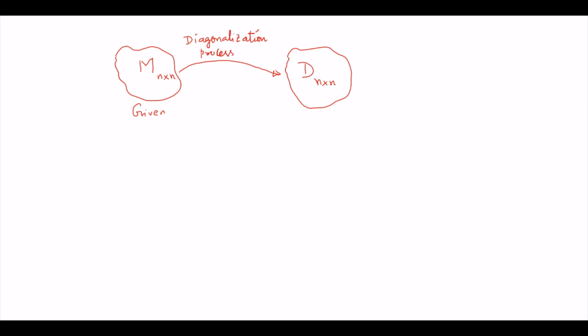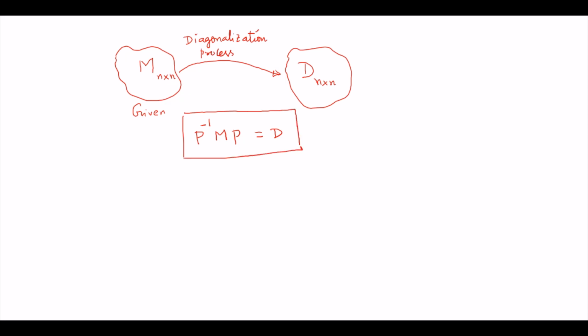Now, if you want to calculate, you have to choose a matrix P which is a non-singular matrix such that P inverse M P gives you a diagonal matrix. So this is a very important thing.